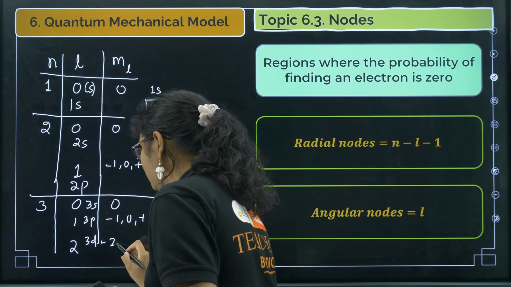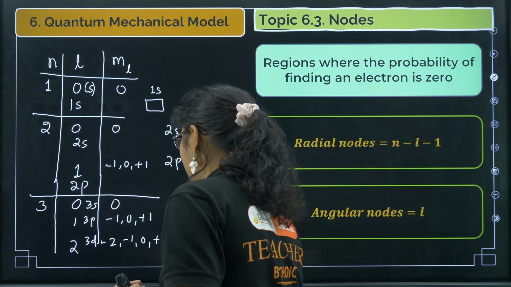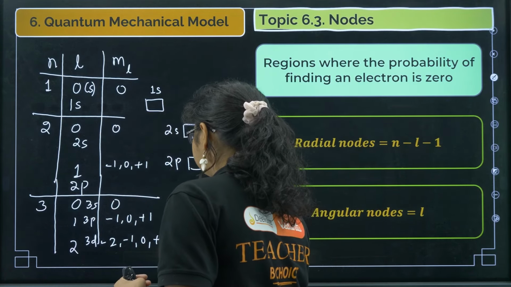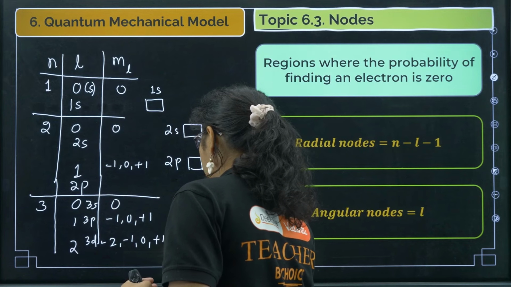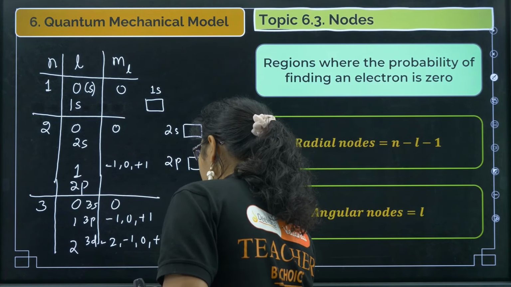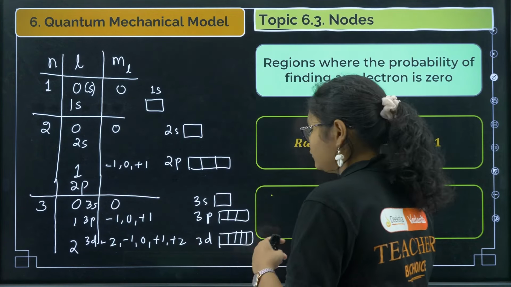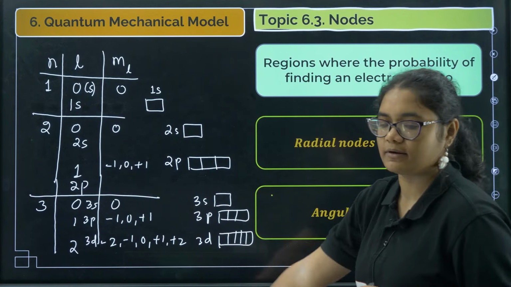So we have minus 2, minus 1, 0, plus 1 and plus 2. So we have 3s, then 3p with 3 orbitals, and in 3d you have 5 orbitals: 1, 2, 3, 4, 5. That is how quantum numbers work.